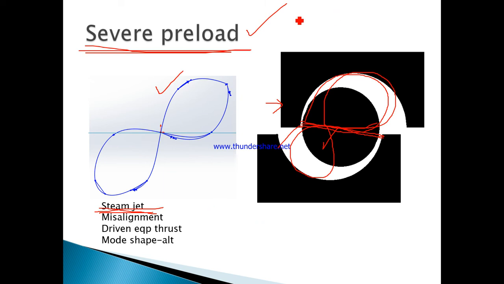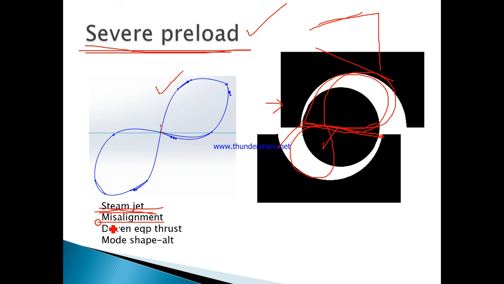That's why the symbol of turbine is an expander. It is opposite to a compressor, expanding. It is like this, expanding. So this pressure is getting expanded and the energy is converting to rotational torque and RPM.